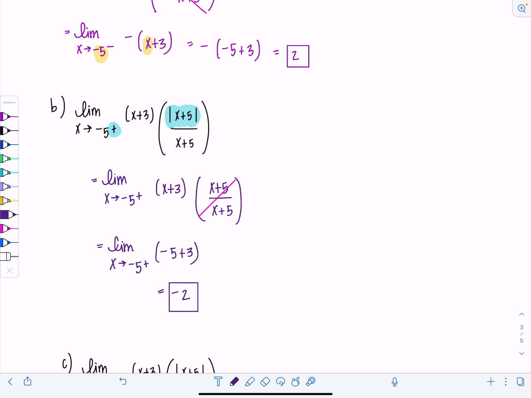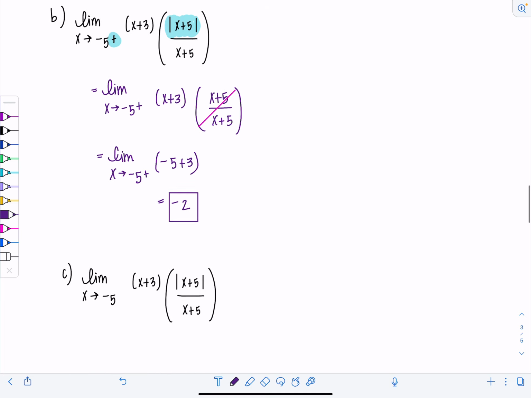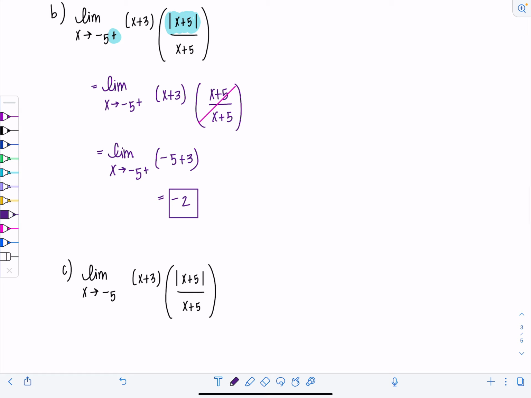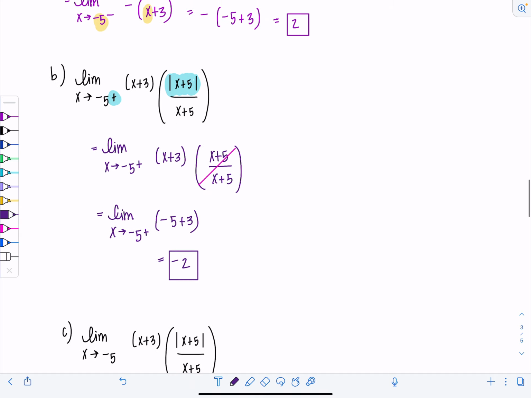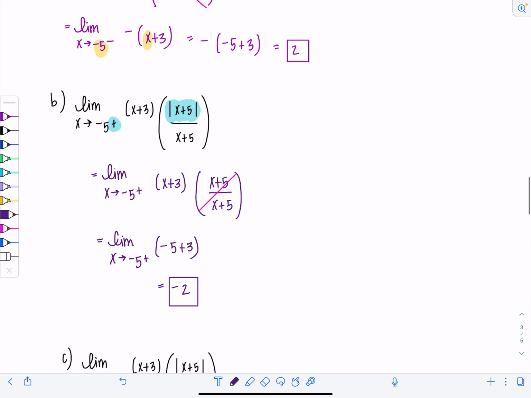How are we doing? Okay so far? Good, good, good. And then last part of the problem, notice it asks for the limit as x approaches -5. It doesn't tell you from which side. That means it's a two-sided limit of the same function. So notice here we already found in parts A and B the limit from the left and the limit from the right. And first thing that catches my eye is that they are not the same.